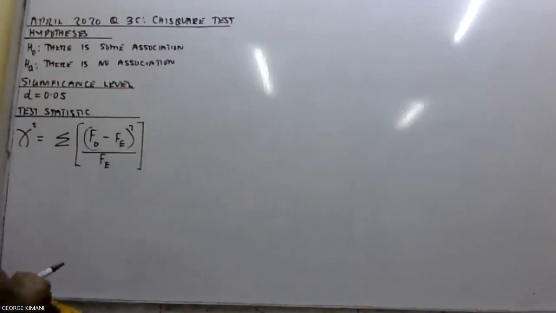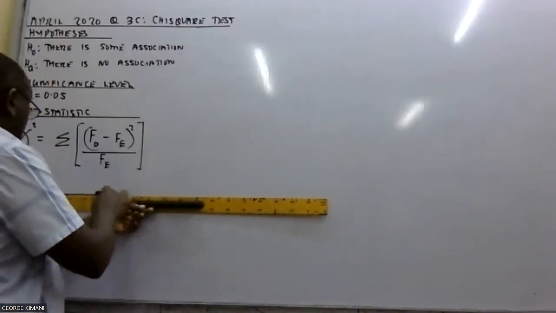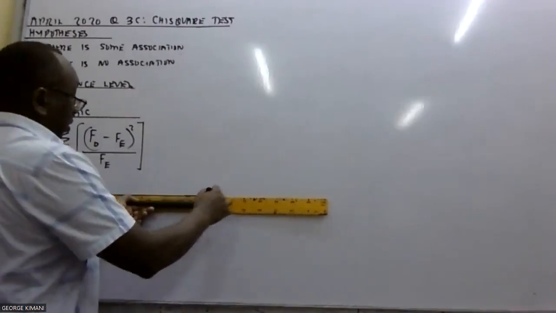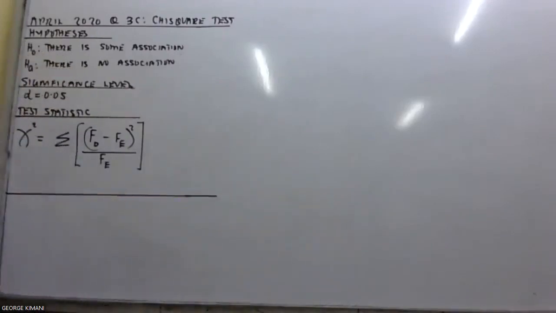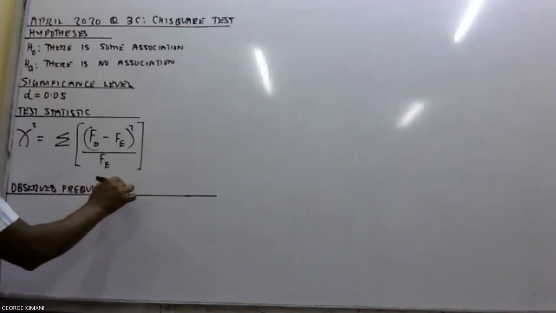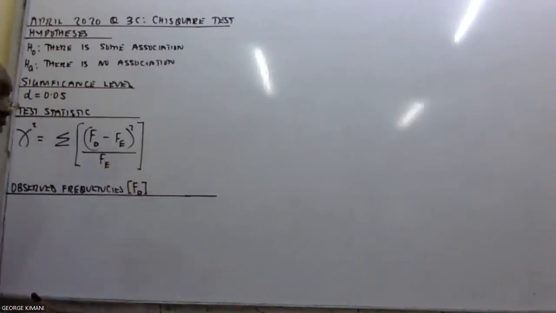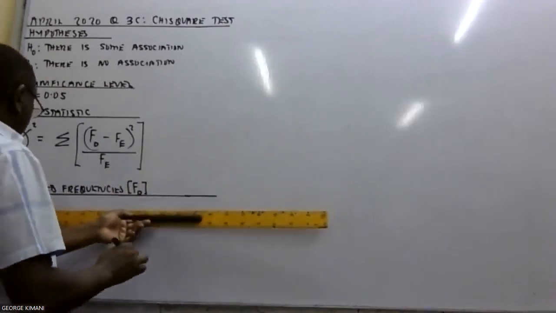So what we do from there now, we draw the table, which will show us what we call observed frequencies. And these observed frequencies, they are the ones that we are calling F naught.